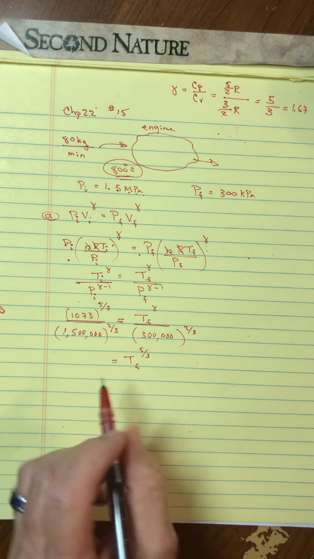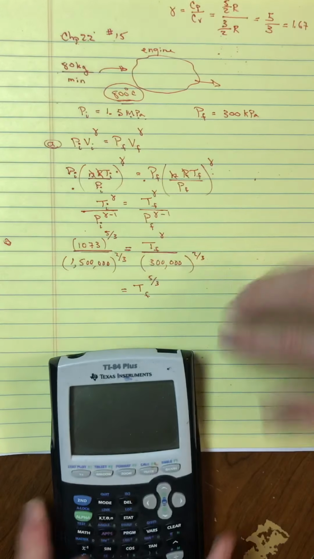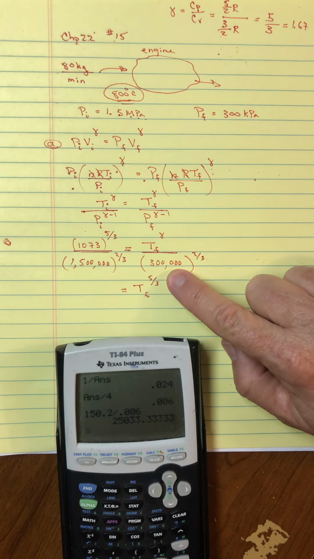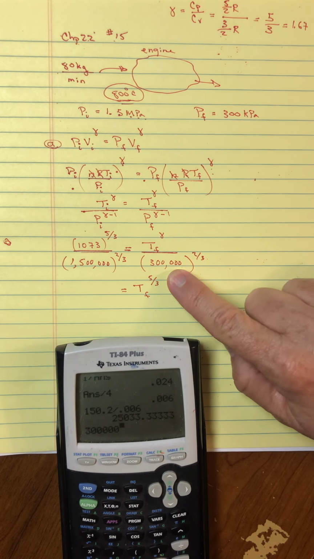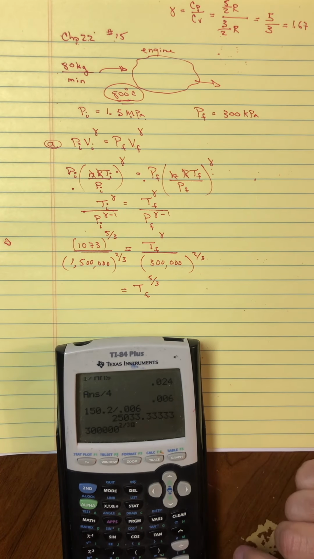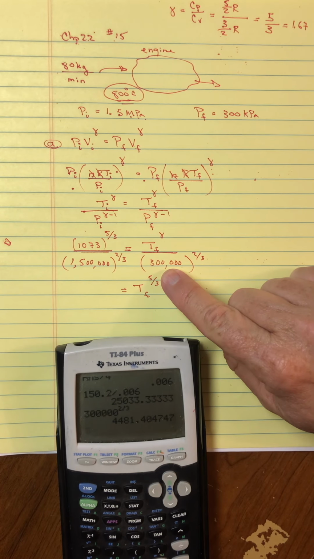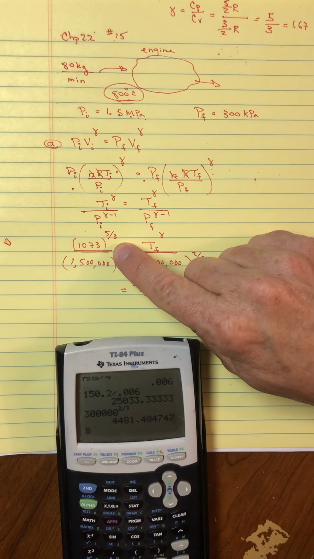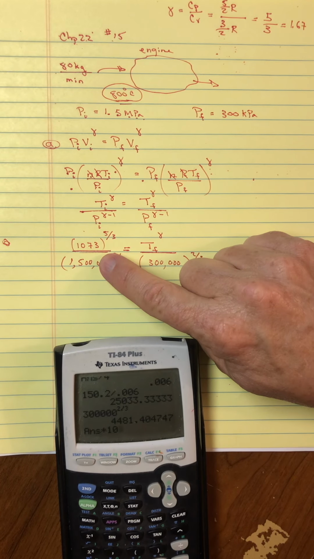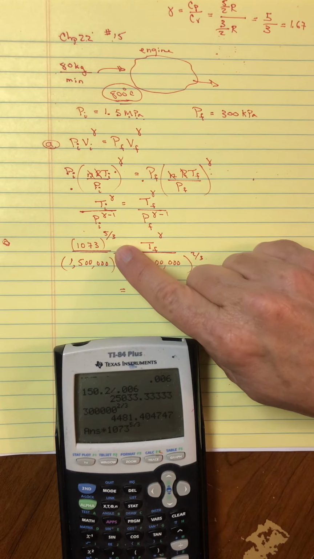This is final temperature to the 5/3. Let me grab my calculator. I'll do this one on the bottom. This is 300,000 raised to a power of 2/3. All right, so that's that number, which I'm going to bring to this one and multiply it. So times the 1,073 raised to a power of 5/3.